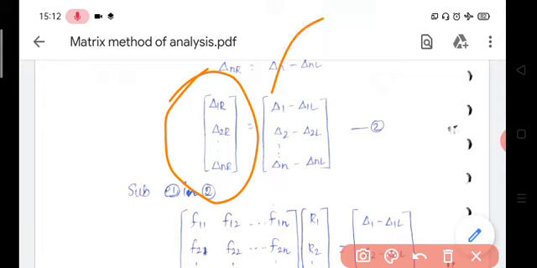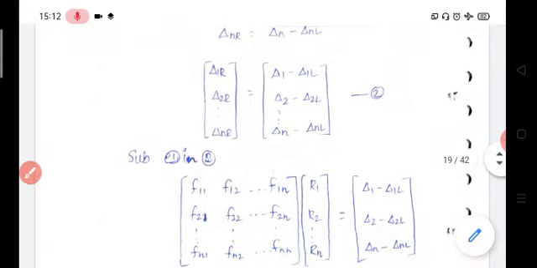Delta 1 means the final net displacement at the assigned coordinate. Delta 1L means the displacement at coordinate 1 due to the system of external loading, that is, the deflection due to external loadings in the primary structure. Then substitute equation 1 in 2.